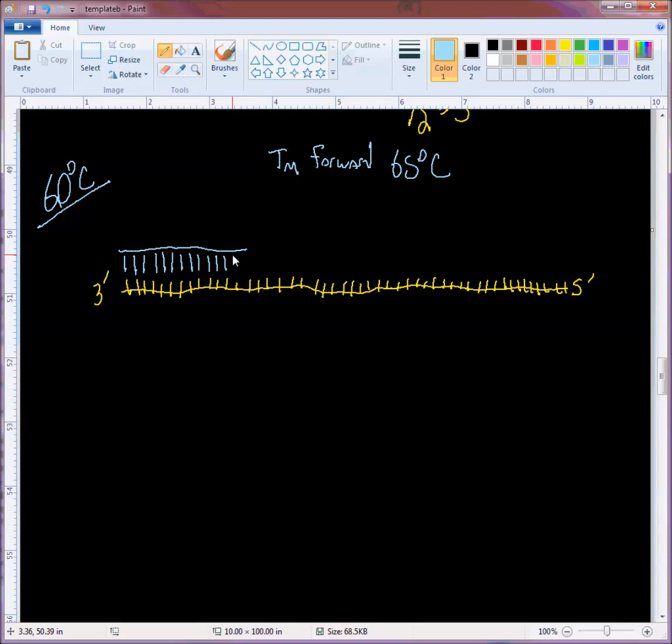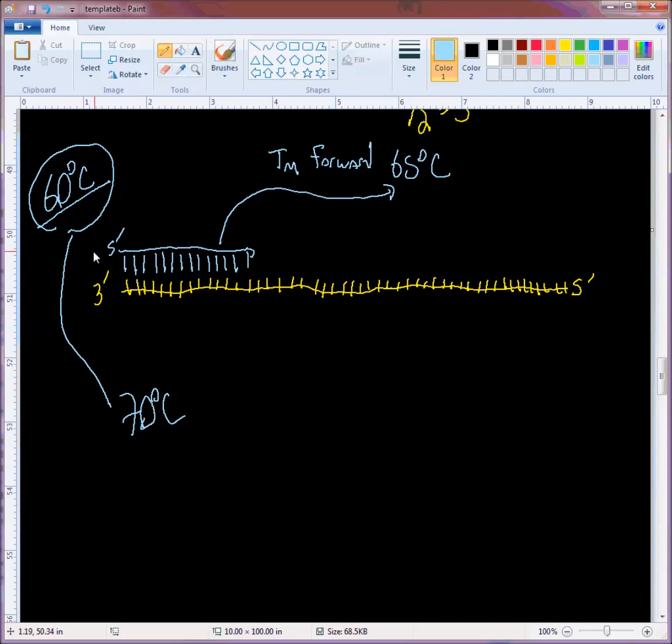Now we have an annealing temperature of 60 degrees Celsius and our primer TM is 65 degrees Celsius. So what if our annealing temperature was not 60 degrees? What if it was 70 degrees? What if we took that test tube and went from 95 degrees, and instead of lowering it to 60 degrees, we put it in a 70 degrees Celsius incubator?